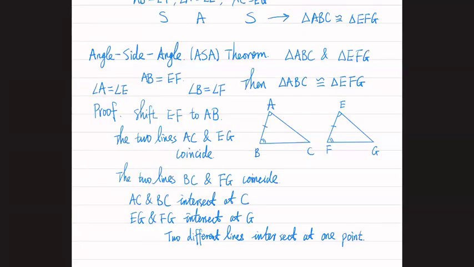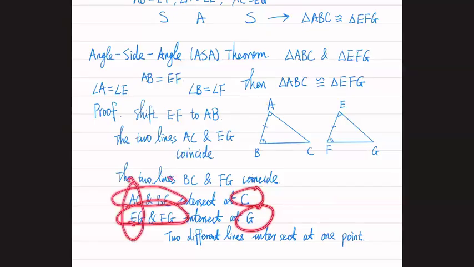The first pair of lines intersect at one point, the second pair intersect at one point, and the lines coincide, so C and G must overlap.